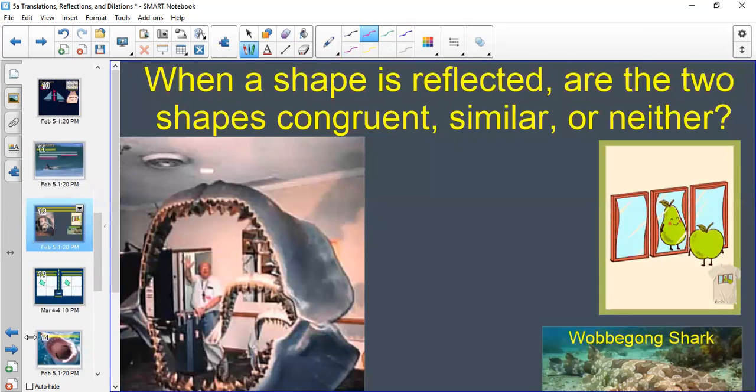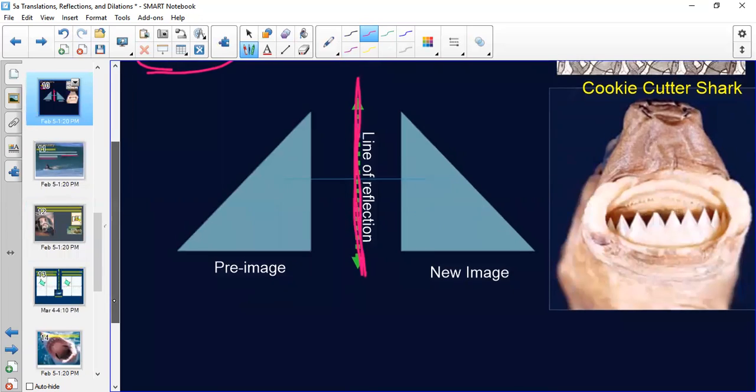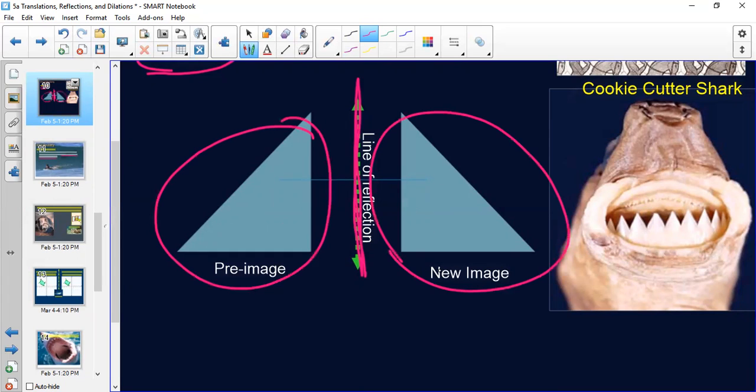So when I flip shapes, let's see if I can find a, well, here we have a reflection. Are the two shapes congruent, similar, or neither? So first off, are they the same size? These two triangles are definitely the same size. Are they the same shape? Yeah, they're both triangles. They're both right triangles.